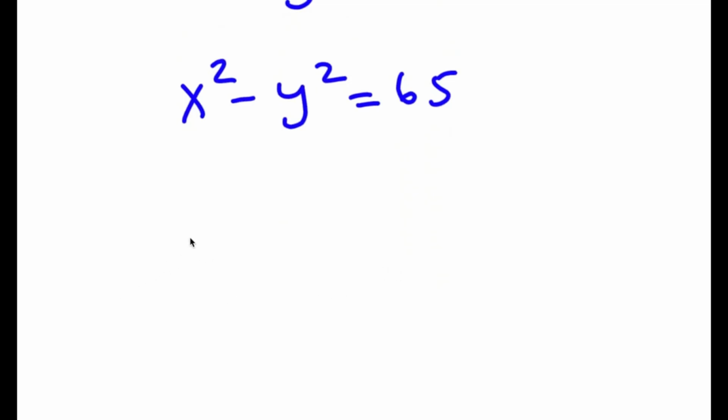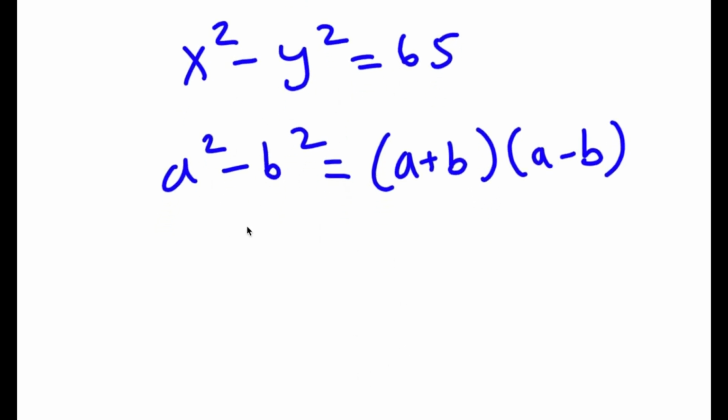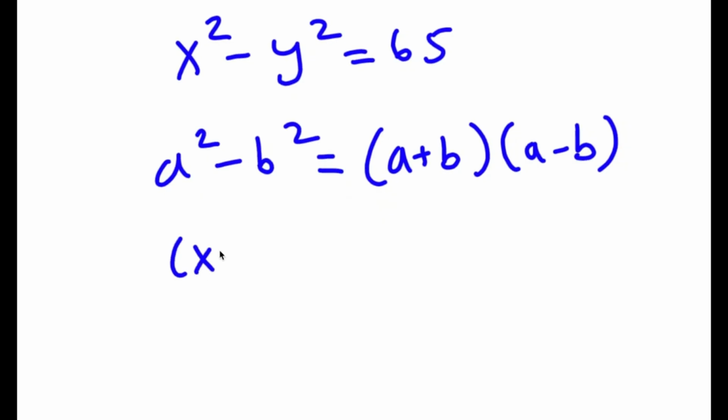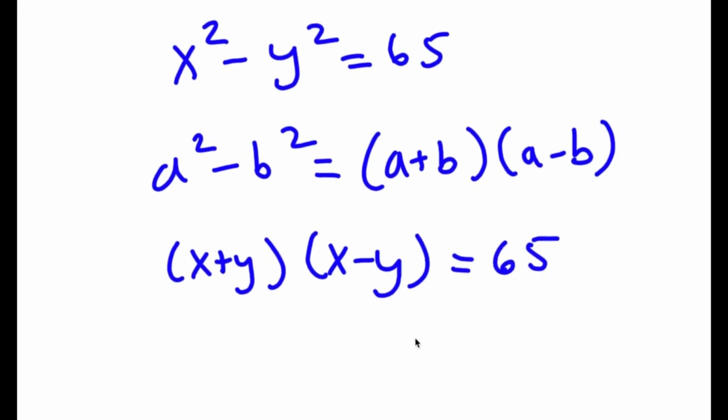Now, if I have something in the form a squared minus b squared, this is actually equal to a plus b times a minus b. And this is actually a very important property of algebra. So for x squared minus y squared, this is obviously equal to x plus y times x minus y, which is equal to 65.